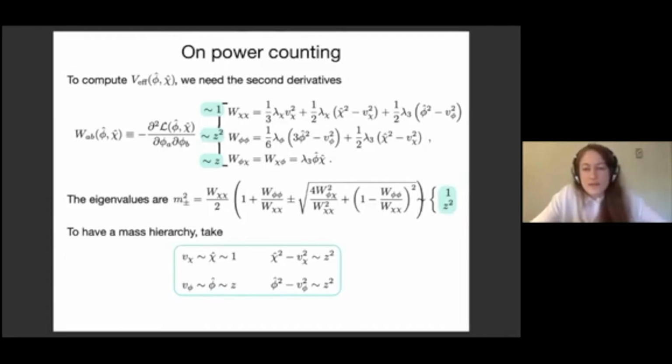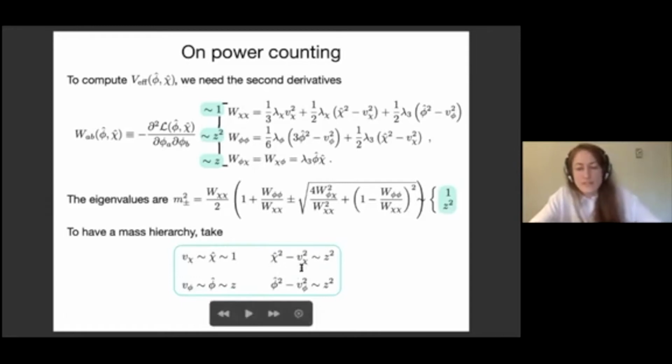In particular, I want to RG improve in a region near the classical spontaneous symmetry breaking minimum, where chi hat squared is close to V chi squared, so that their difference is order Z squared, and the difference between phi hat squared and V phi squared is order Z squared, but chi hat is order 1 and phi hat is order Z.